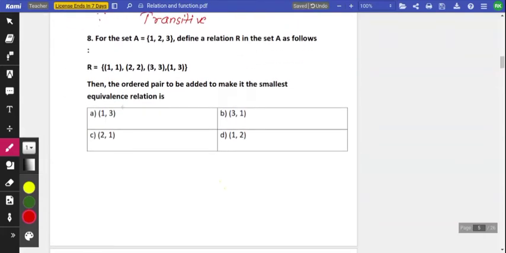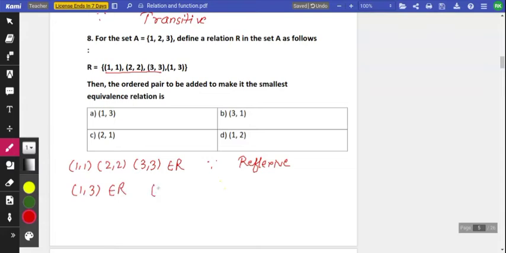A relation is given in which you have to add an ordered pair to make its smallest equivalence relation. For the given relation to be reflexive, (1,1), (2,2), and (3,3) must belong to R. These ordered pairs belong to R, therefore the given relation is reflexive. For symmetric, if (1,3) belongs to R, then (3,1) must also belong to R. So you have to add the (3,1) ordered pair to make the relation symmetric.